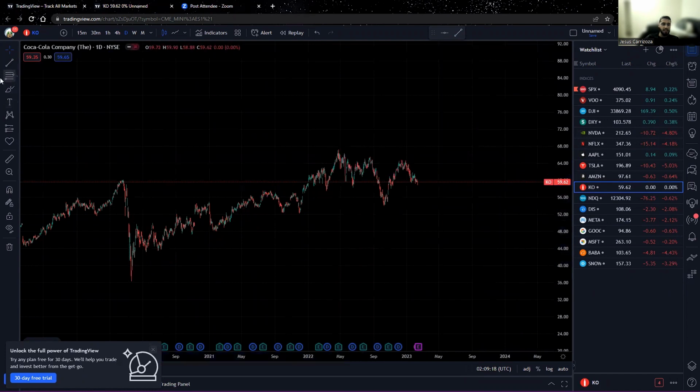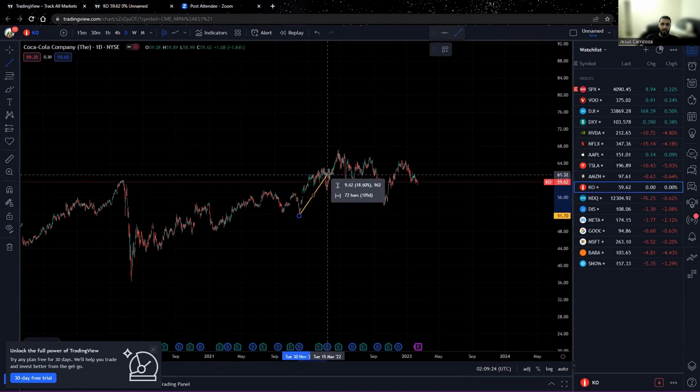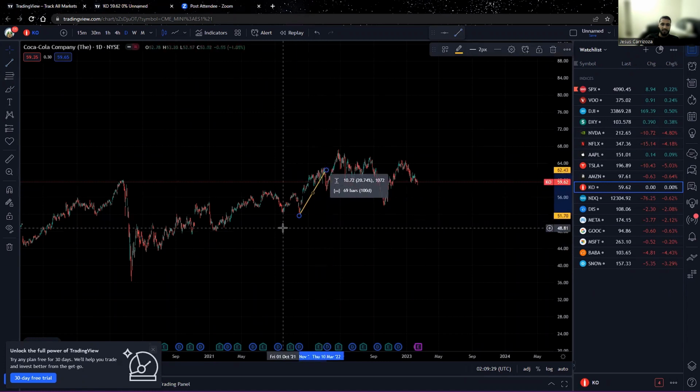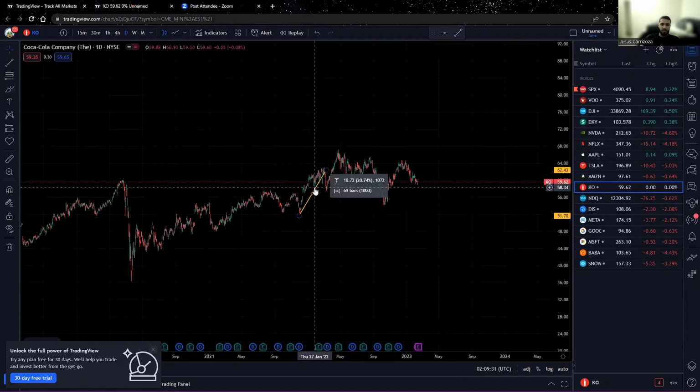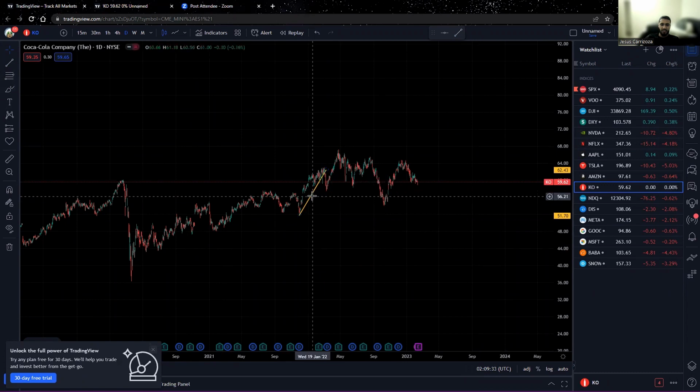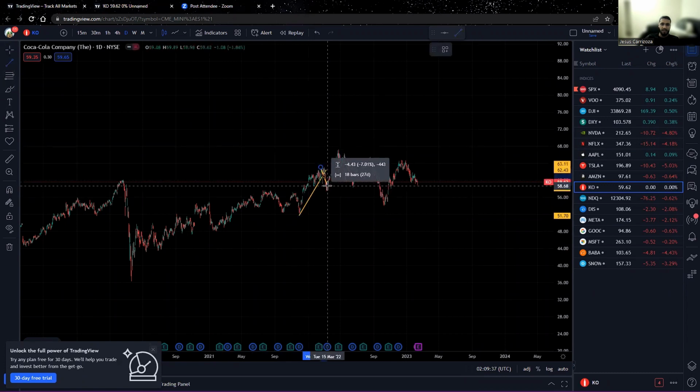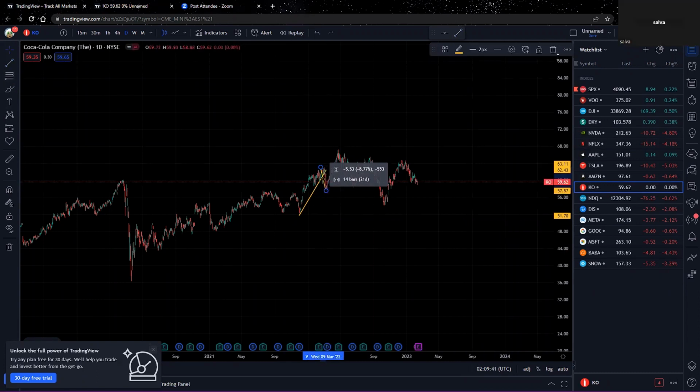Versus a move like that, and you don't see them often. Even here, it was a slow ride up, like 100 days, 20%. That's valid. So on the pullback, how much do we pull back? Look, half of it, 28 percent. You see how it's not so crazy?